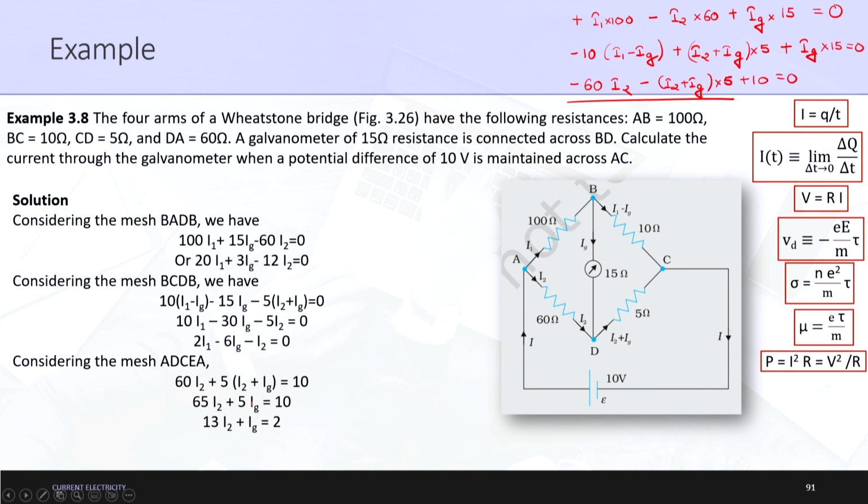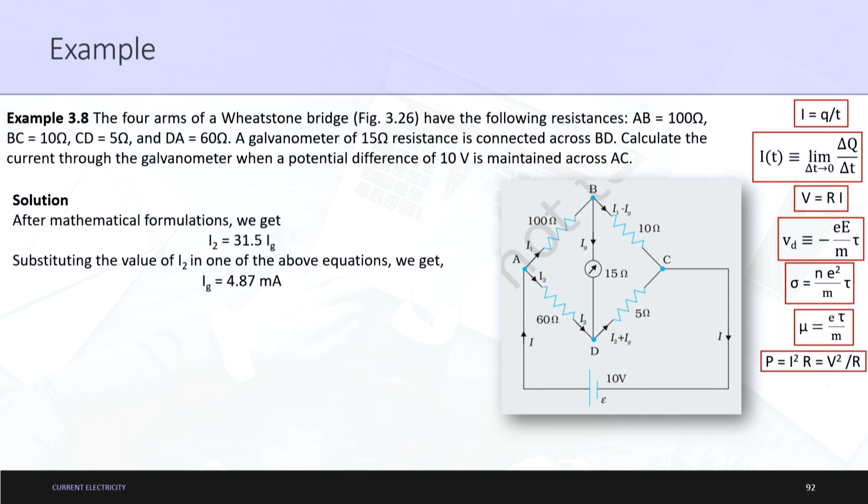Hence, three equations and three unknowns, which are nothing but I1, I2, Ig. So, three equations, three unknowns, and finally we can find out the value of different currents passing through the different things. As the question is about the Ig value, by some mathematical operations you can directly find out the value of Ig.